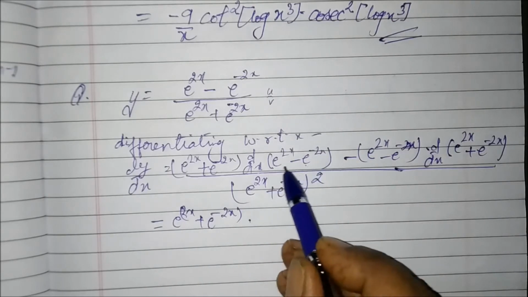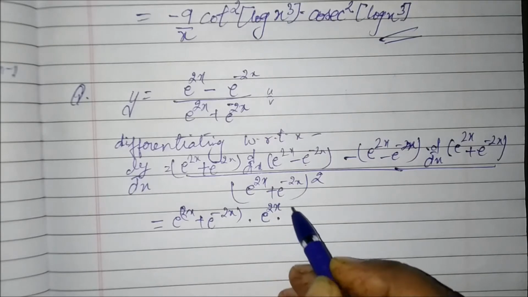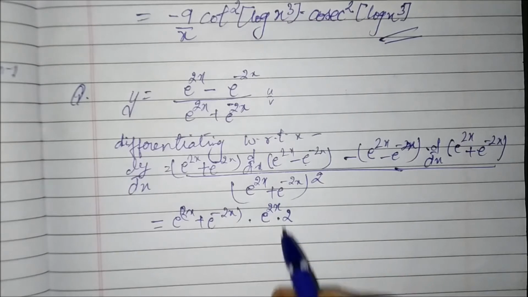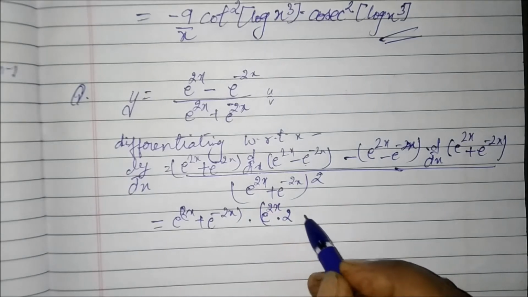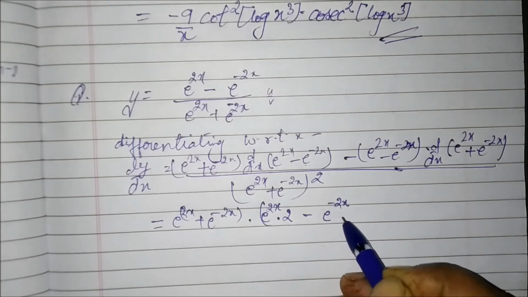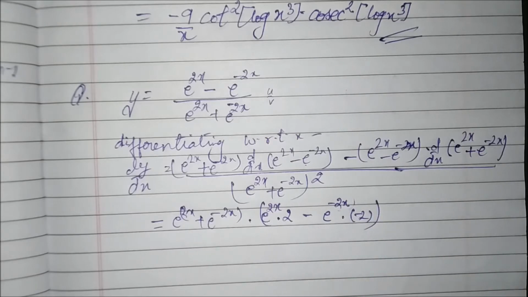The derivative of e raised to 2x is the same, e raised to 2x, into the derivative of 2x. The derivative of 2x is 2. Now minus sign, then the derivative of e raised to minus 2x is the same into the derivative of minus 2x, which is minus 2. Understood?